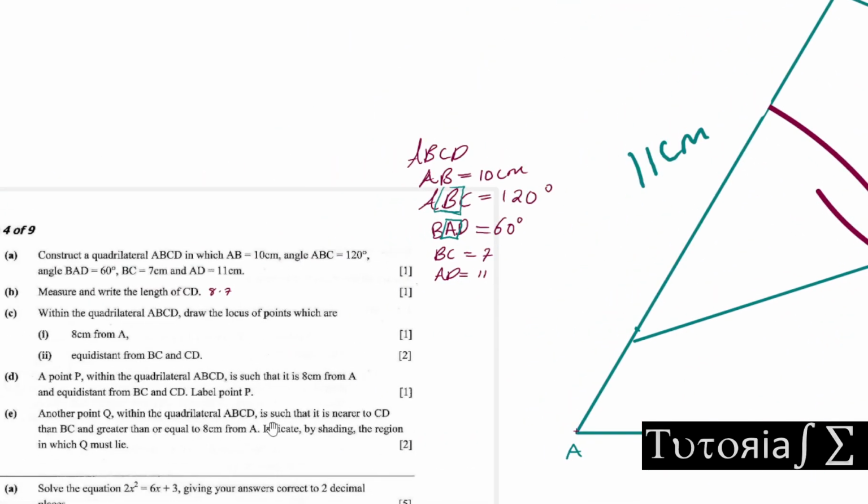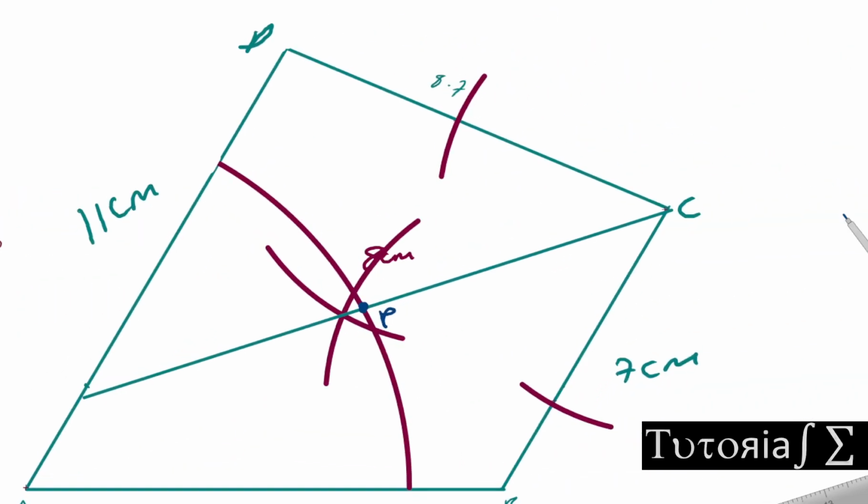Then it is nearer to CD than BC and greater than or equal to 8 centimeters from A. Indicate by shading the region. So it is greater than 8 centimeters from A. This is 8 centimeters from A, so above it will be here.